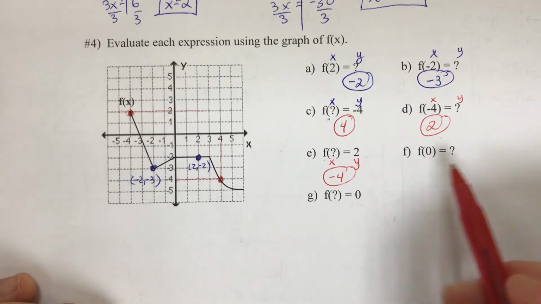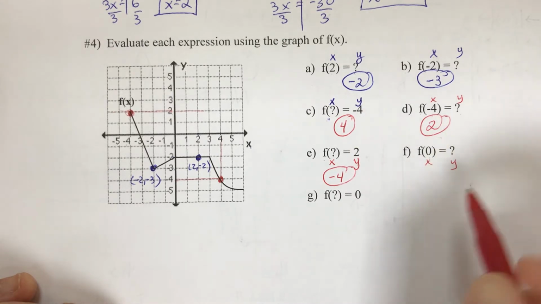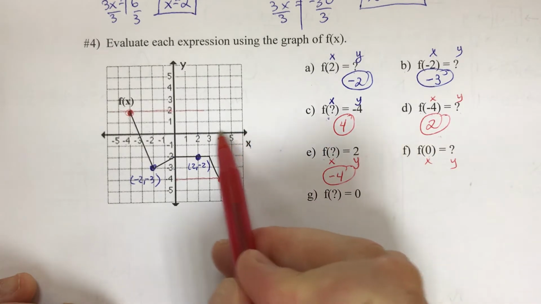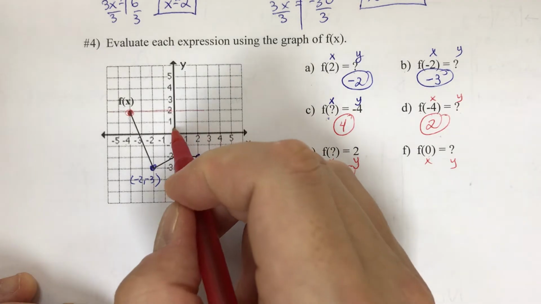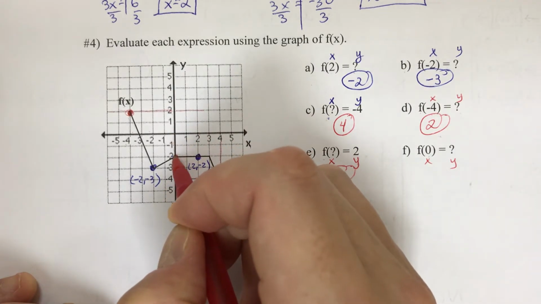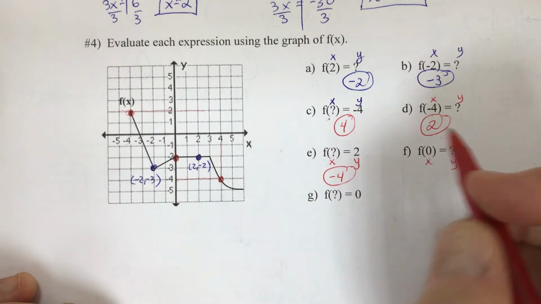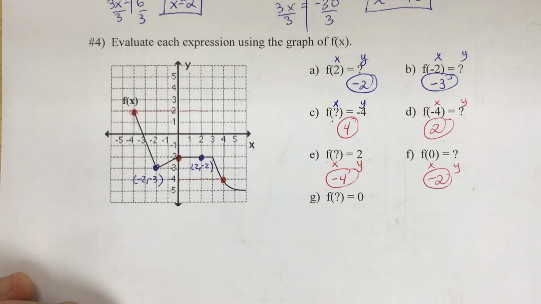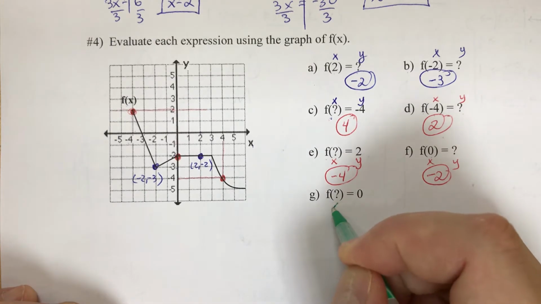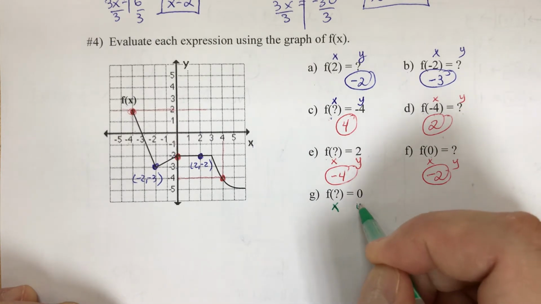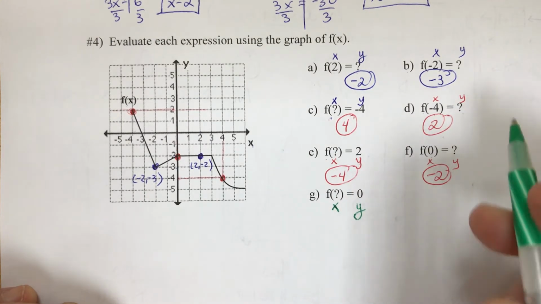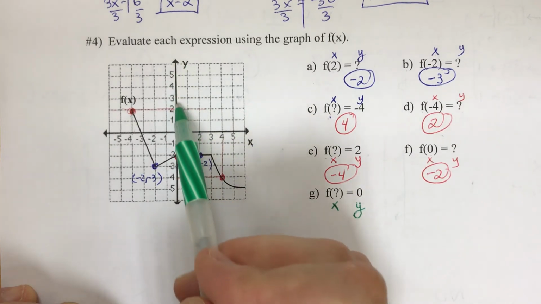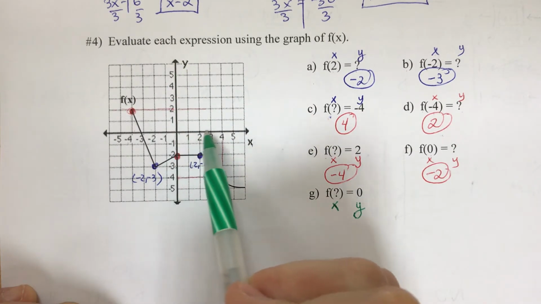f of 0, so when x is 0, what's the y? Well, when x is 0 here, there's 1 point right there. What's the y value? -2. And the last one, f of question mark, so we don't know the x, but they tell us the y is 0. So the y value is 0 here.